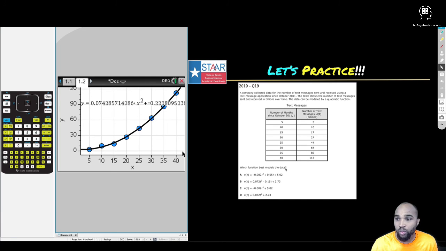Let's see which ones we know it can't be. We're looking at 0.07, and this is positive also, so anything with a negative can't work. And this is 0.074, and it looks like they're rounded, so 0.072 is about all right. Negative 0.223, negative point, so I need this right here.